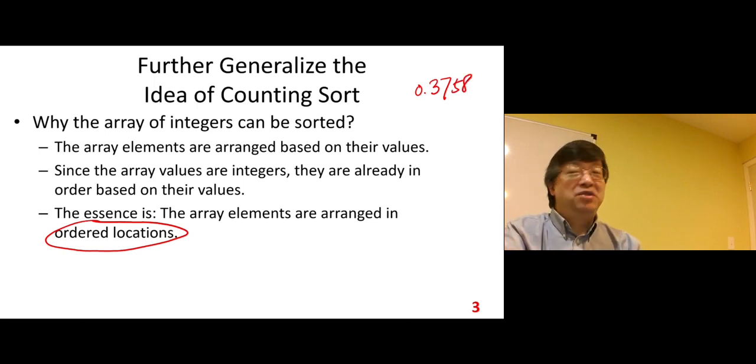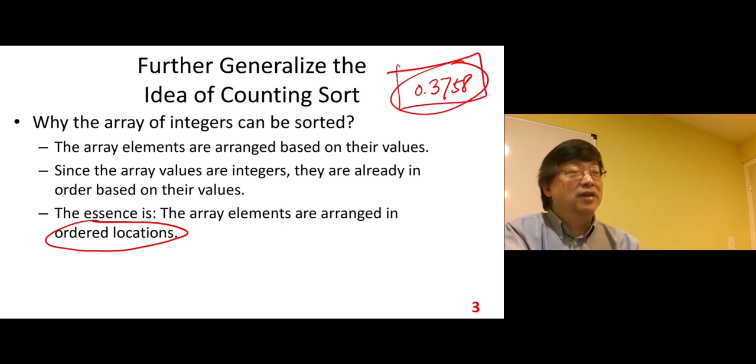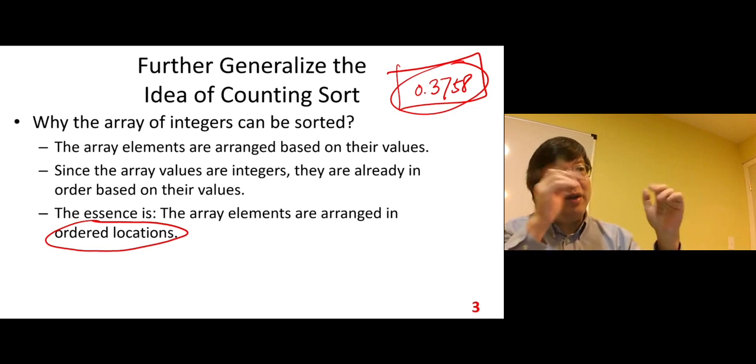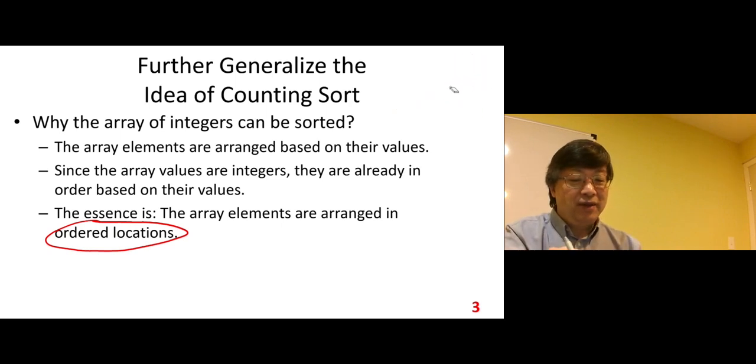How many locations do you need to place data like that? Too complicated. So we don't try to use the location way to handle that. But with integer data in a certain range, we can use the location way to arrange the data. So that's the main difference.